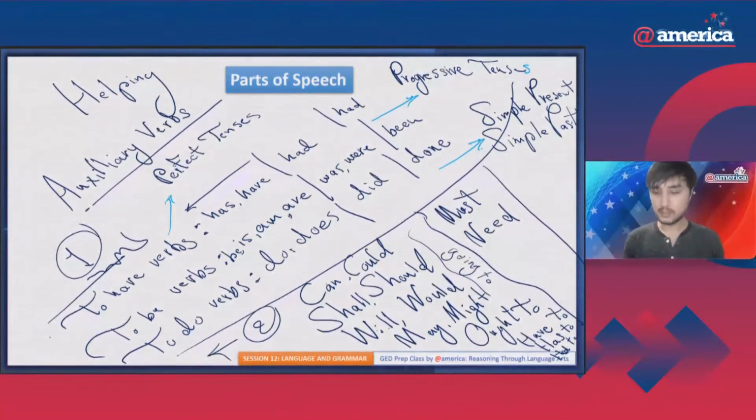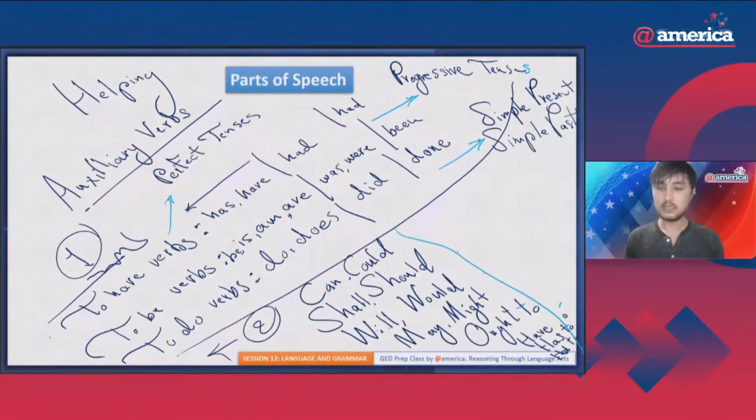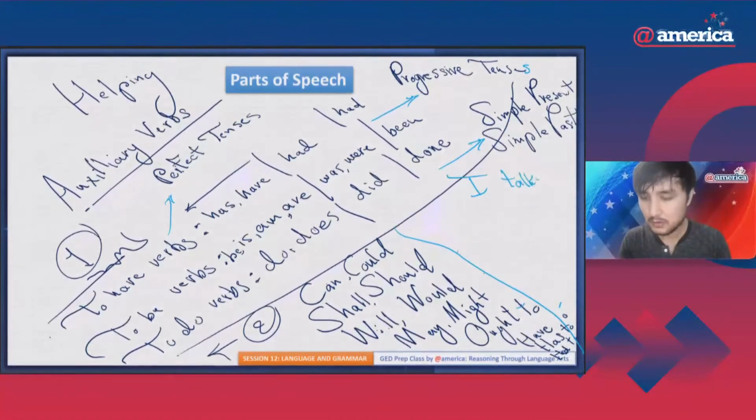So for simple present tense, you might have a sentence. I don't want to erase it, but I think I have to in order to make some space for the examples. For instance, if you have a sentence like, I talked to my friend.